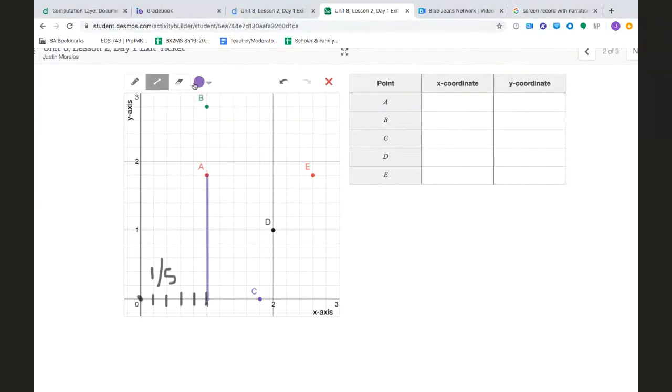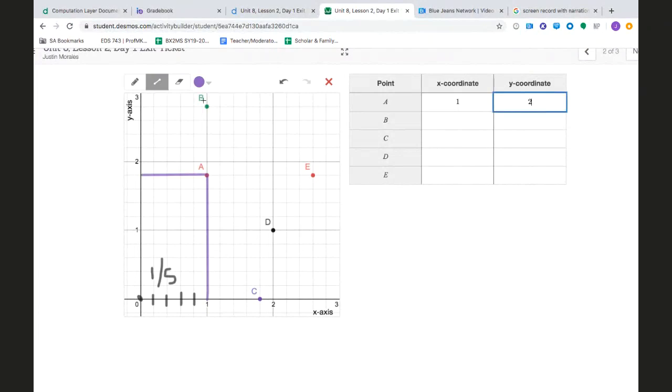Now we need to figure out what point the line goes to. Well, this one is easy. That is 1. Now what about the y-axis? Now you just take your line and head all the way to the y-axis. What point is that? Well, that's going to be point 2.